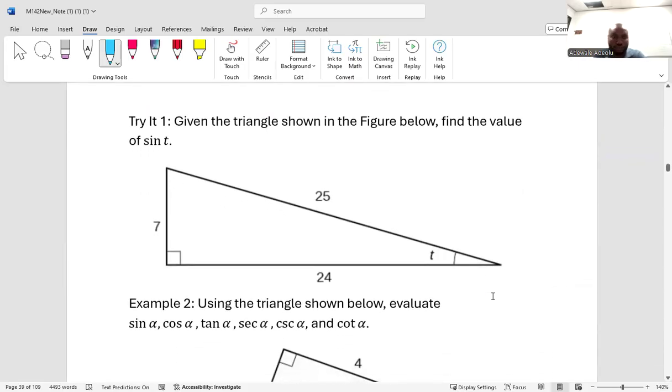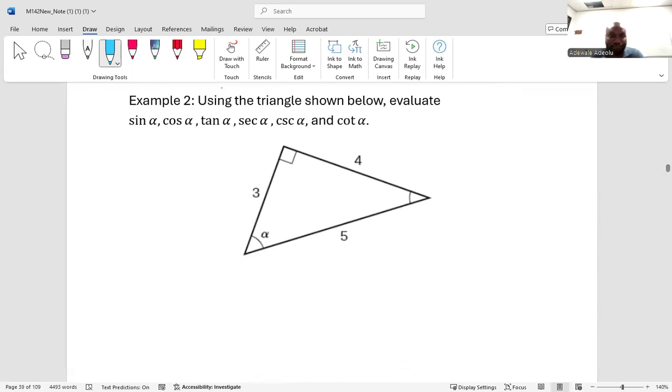I will leave you with this to just try. There is nothing big deal here. You are just looking for sine of angle t, and remember what sine is. You get that from opposite over hypotenuse.